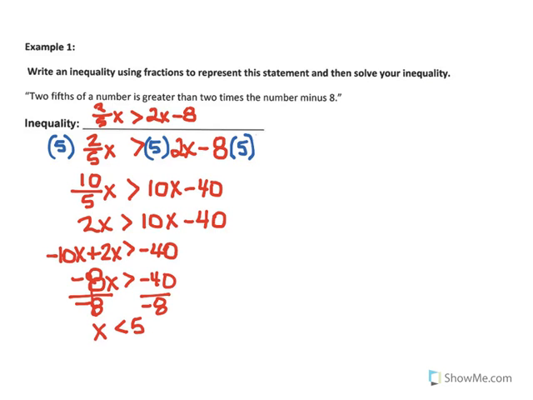So let's check our solution in our inequality to see if we have a true solution. For it to be true, I just need to choose any number that is smaller than 5. So for example, I'm going to choose the number 4.